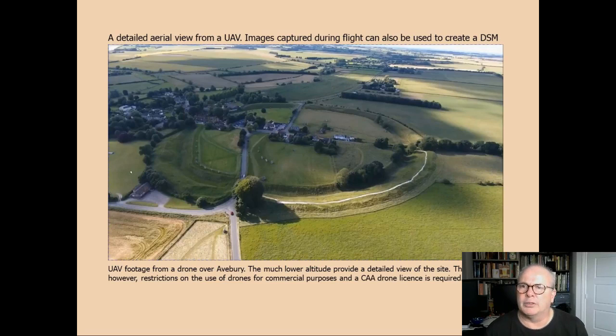If this drone were to fly legally at a much lower level, it would also be possible to create a very, very detailed DSM. We have in the department a LiDAR pod that actually fits under a drone, and that allows a collection of data at about 5 centimetre intervals. We'll see a bit of that later when we look at the example from Corbridge.